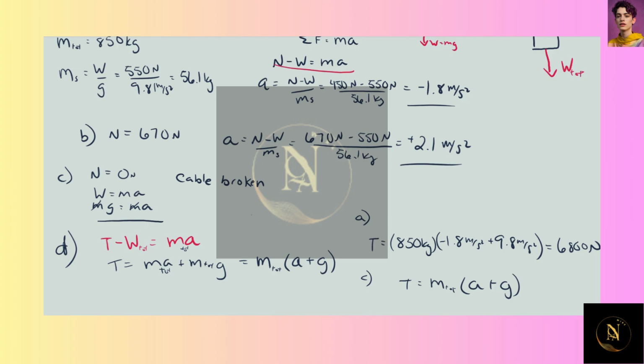So if we have the mass, 850 kilograms, and then g is equal to a, negative 9.8 meters per second squared, and then we have plus g, so 9.8 meters per second squared. These are just going to cancel each other out. Negative 9.8 plus 9.8 is 0, which means the tension is equal to 0. So 0 newtons in part C because it's falling.